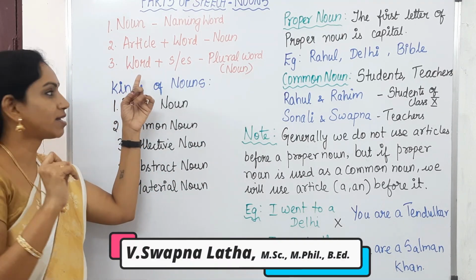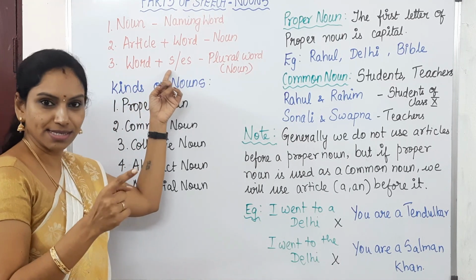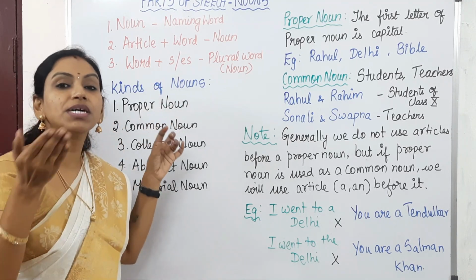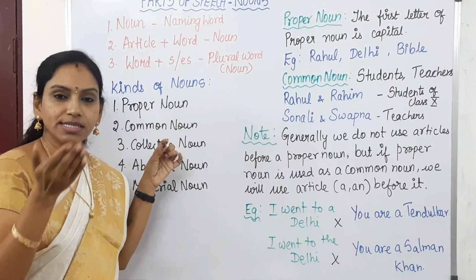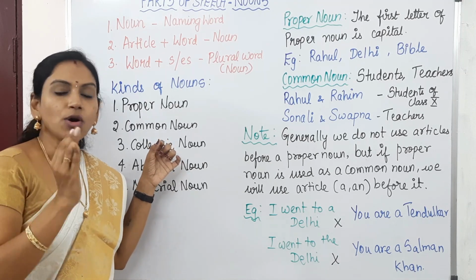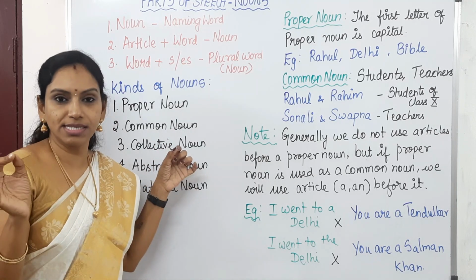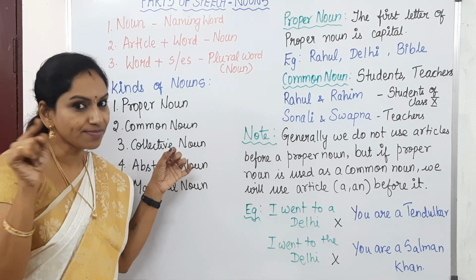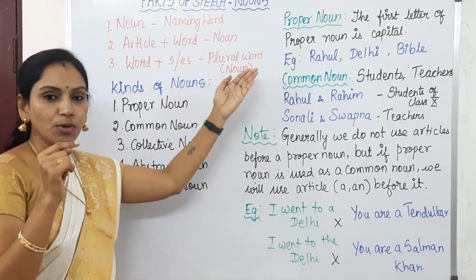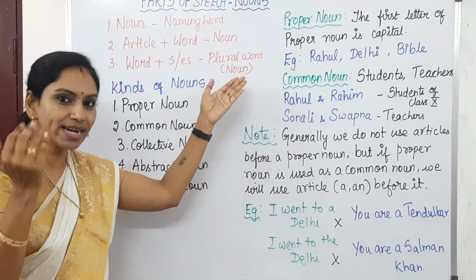Next, the third one. Any word which ends with s: tables, chairs, books. Any word that ends with s or es is called a plural word, and this is also called a noun.